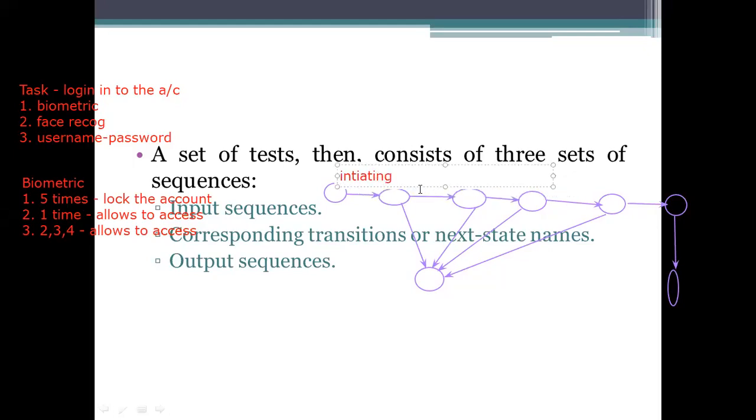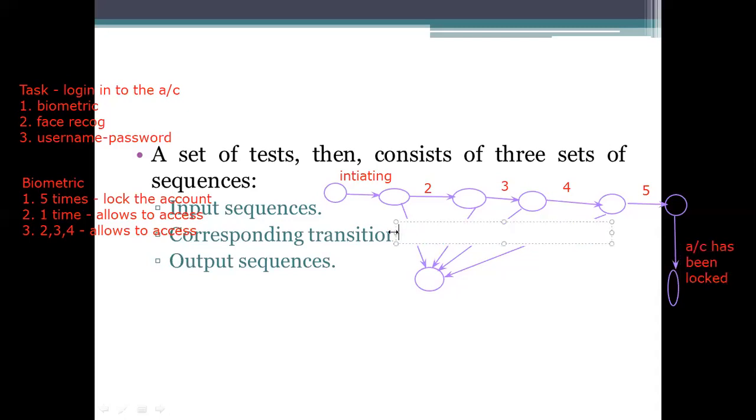This is the first try, this is the second trial, this is the third trial, and here the fourth trial. Then the fifth trial leads to the account being locked. And at these transitions, it allows the user to access.